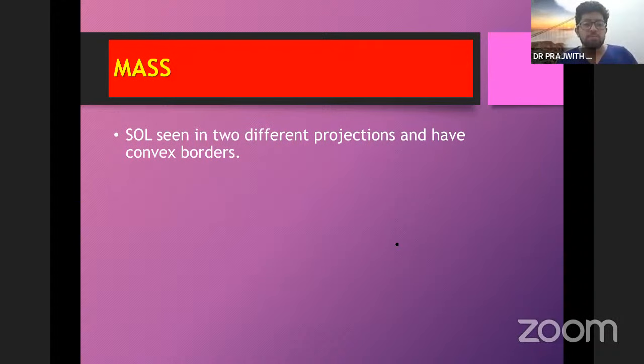Now, a mass is nothing but a space-occupying lesion seen in two different dimensions having convex borders. This definition becomes very important, because a mass is anything that you see in a mammogram that has a convex outer border. If it is something like this, it need not be a mass.